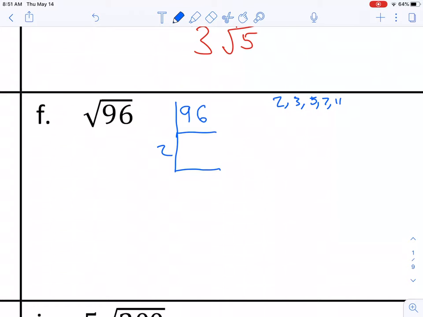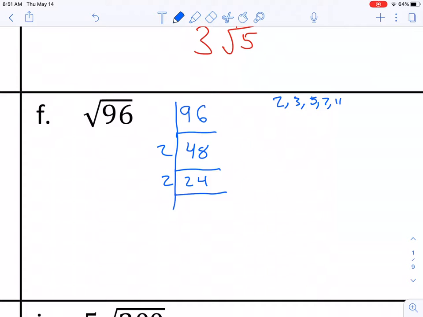So 96 divided by 2, and that's going to leave us with 48. And then we're looking at it again. Can we divide by 2 again? It's even, so we can. So 48 divided by 2 gives us 24.